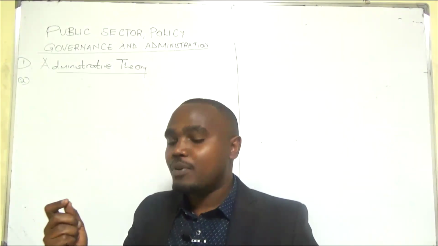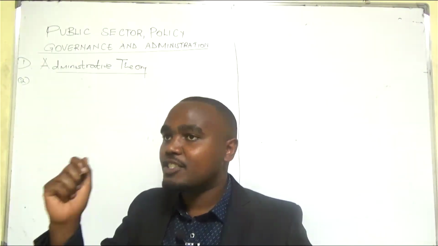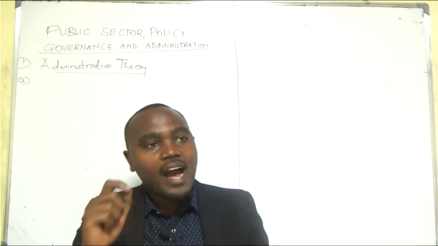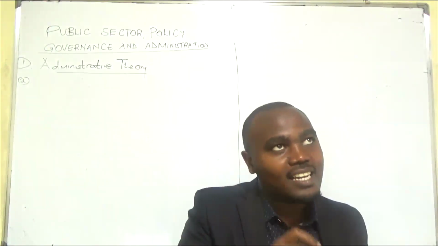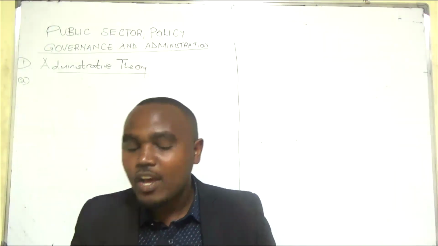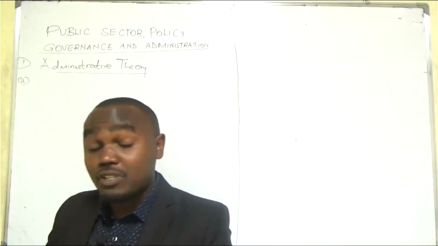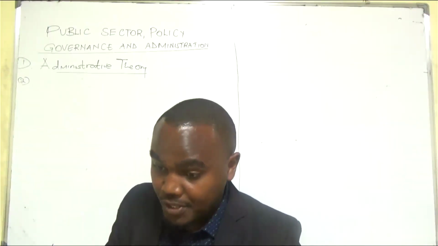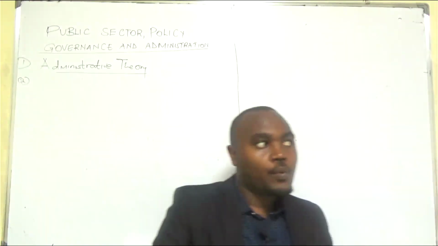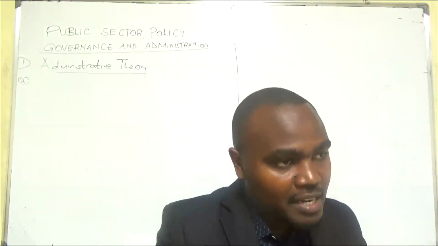Its main assertion was that for us to improve the structures of our organizations, we need to ensure, one, we adhere to what we call the 14 principles of administration.